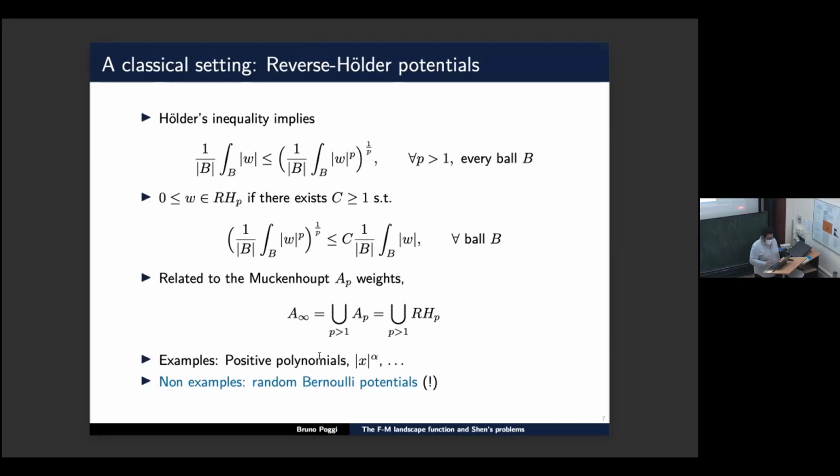Examples include positive polynomials, x to the alpha, where alpha can be negative up to some number. But what I really wanted to emphasize is that non-examples, among many other things, are random Bernoulli potentials. So this classical setting that I will describe does not work with random Bernoulli potentials. And a lot of the results I will talk about, you can generalize to a slightly bigger setting, but still it will not include random potentials.